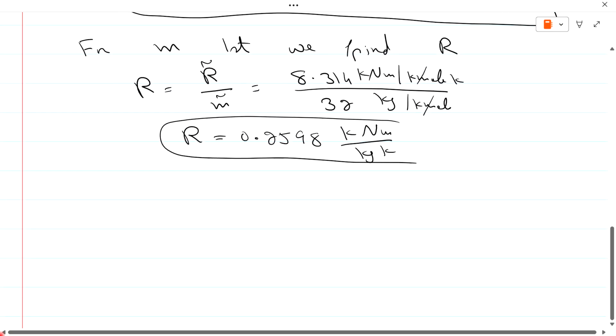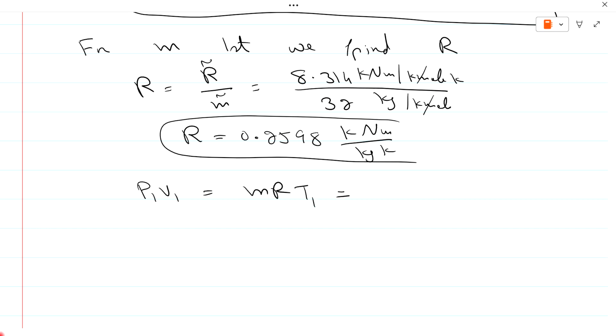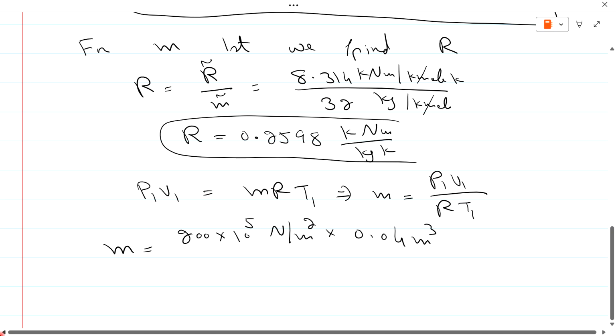Now we can easily find m by using the formula P1 V1 is equal to m R T1. So m is equal to P1 V1 divided by R T1. The value of P1 is 200 bar, and converting bar into Newton per square meter, 10 power 5 Newton per square meter. The value of V1 is 0.04 cubic meter.